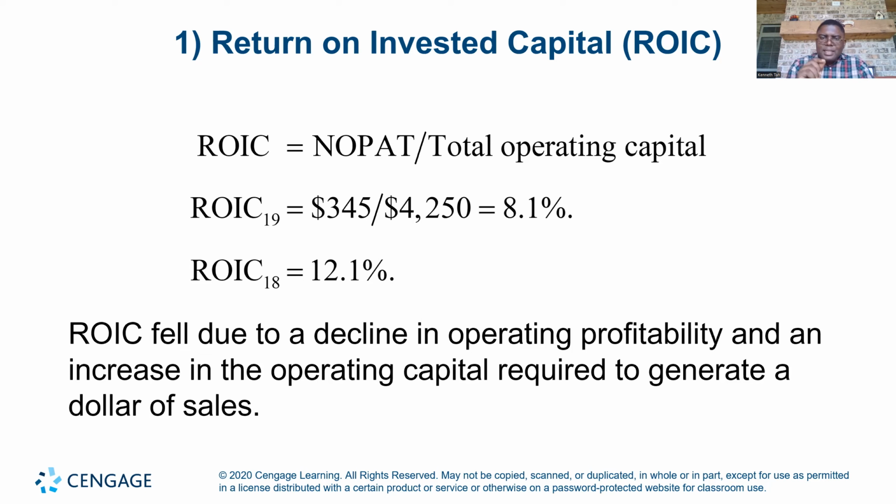So that is what is driving down return on invested capital for the company. That's the first performance measure we have calculated, and we see a huge drop. It shows how much net operating profit after taxes is generated by each dollar of operating capital, so there is a serious drop.